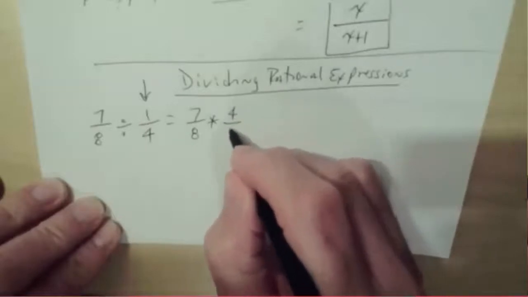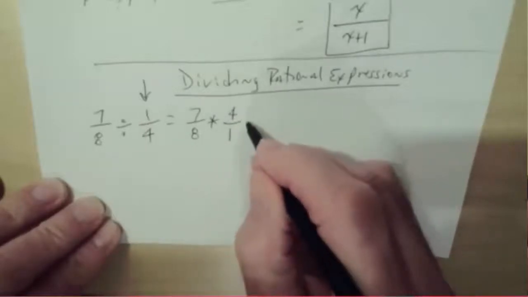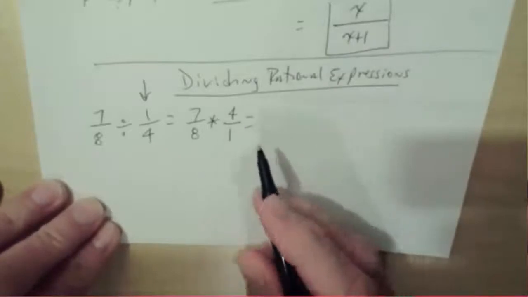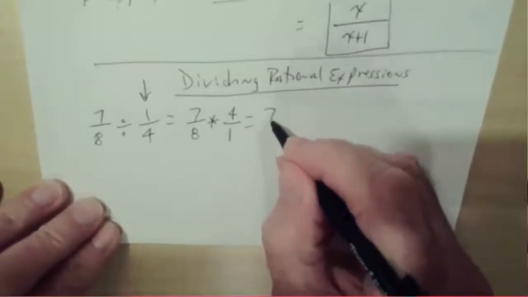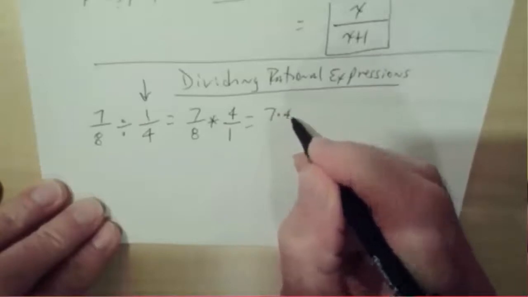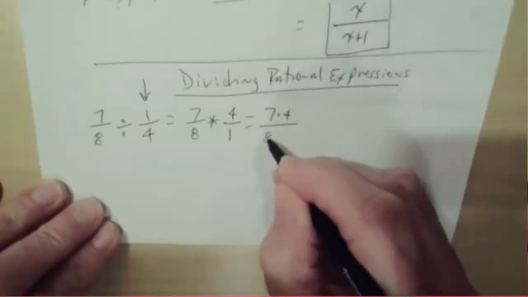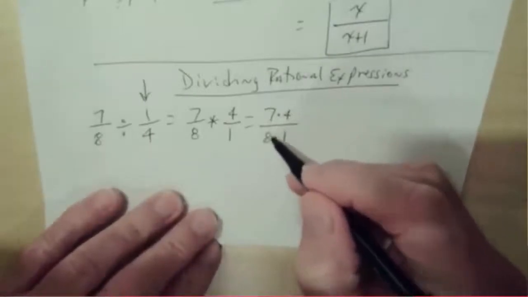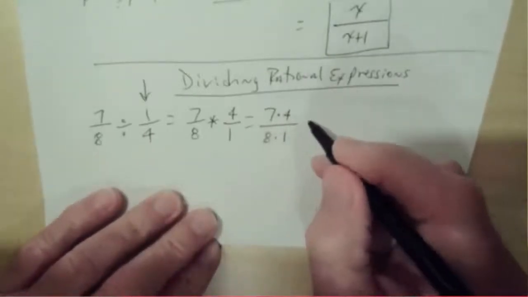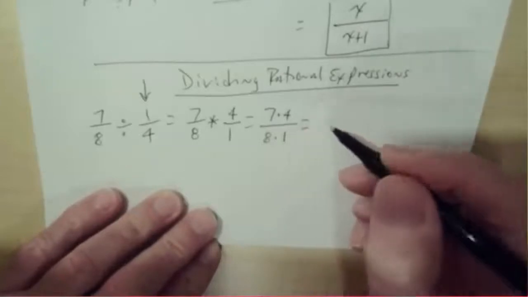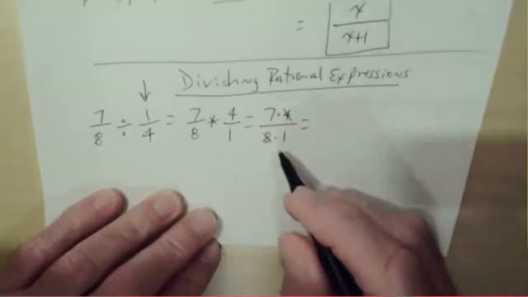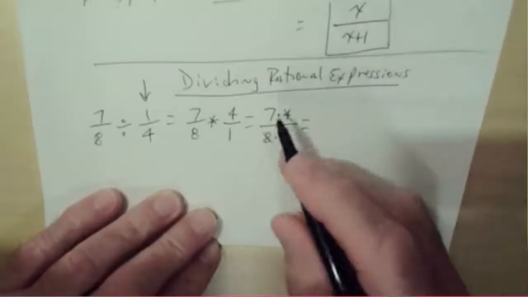Now what you can do is put it under one fraction bar. 8 times 1, which is just 1. Now if you want to, you can go ahead and reduce this. You don't have to, but it makes the numbers a little easier. 4 and 8 divided by 4 is 2, I think.